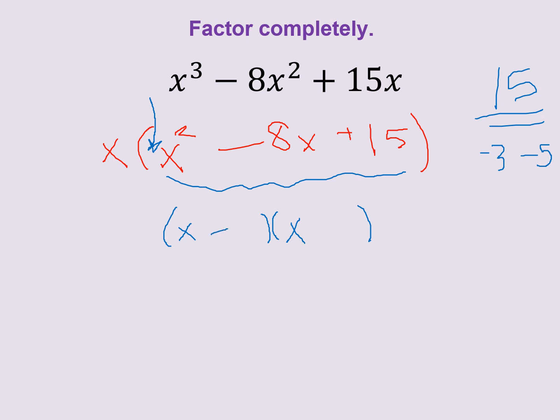So I need to write negative 3 and negative 5 inside, but I also had this factor right here of x, and I can't leave that off, otherwise my answer will be incomplete. So I need to include that x as well. Then I look at each individual factor right here, x minus 3, nothing in common, no difference of perfect squares. Same with this one, so I know I'm done.